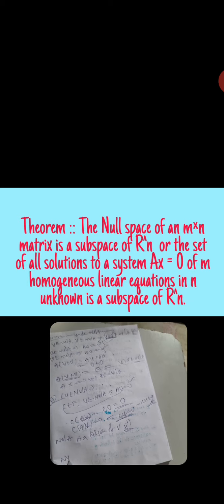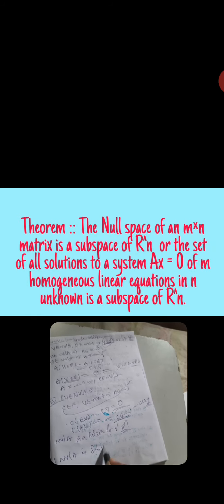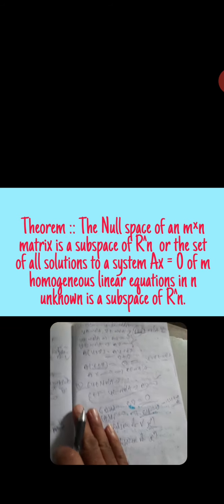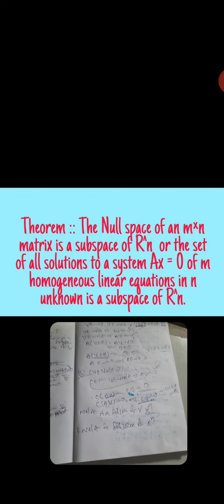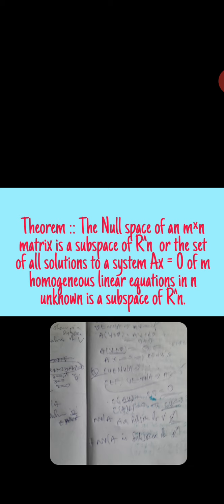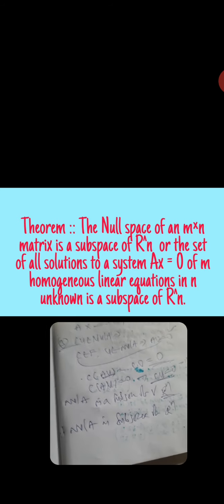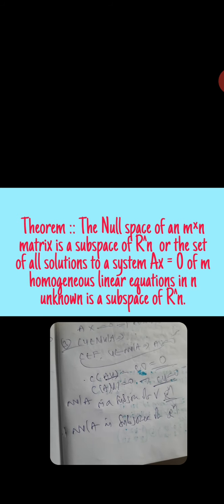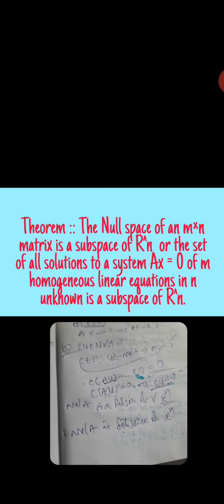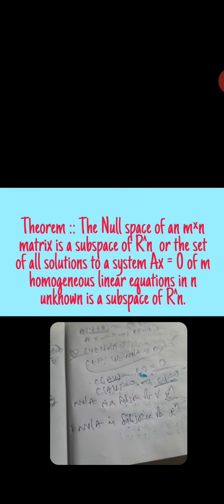Therefore, null A is a subspace of R power n. This is the property of our theorem. What is the theorem? The null space of an m cross n matrix is a subspace of R power n. The set of all solutions to a system Ax is equal to 0 of homogeneous linear equations is known as a subspace of R power n.